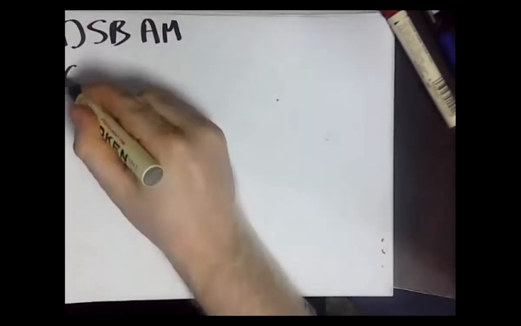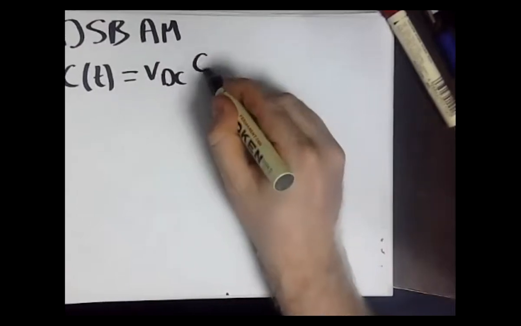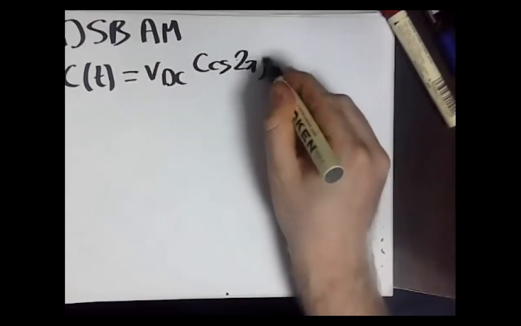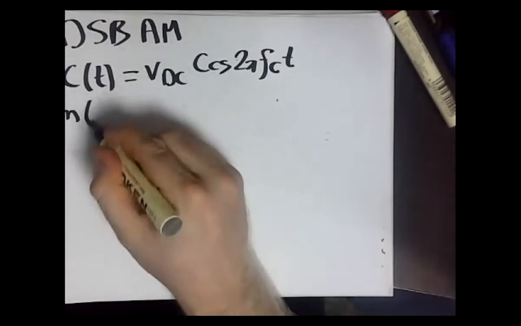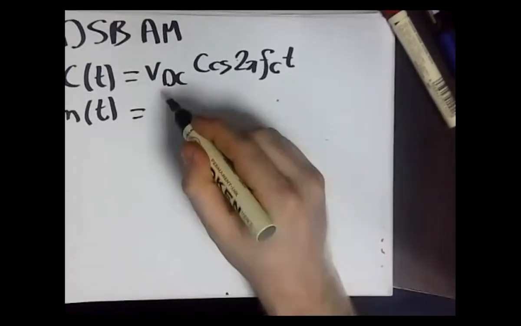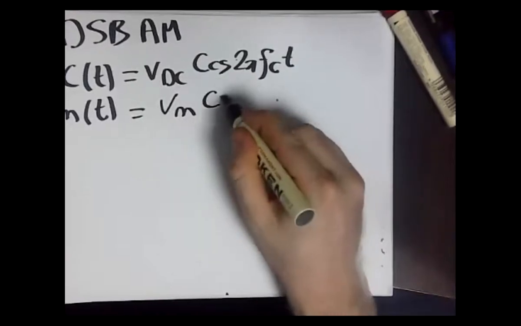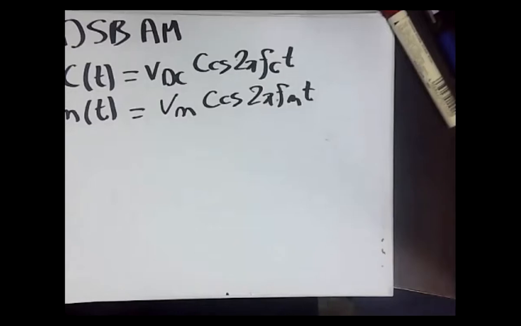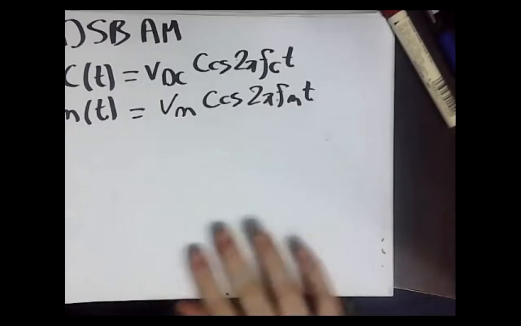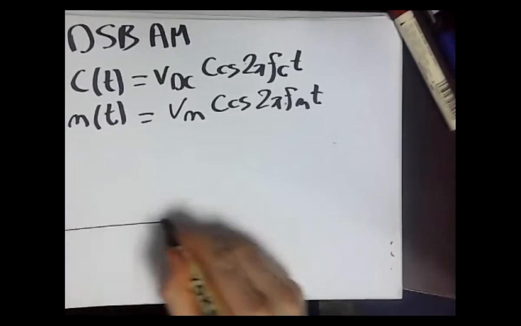Your carrier is V_DC cosine 2 pi f_c t, and your message m(t) equals V_m cosine 2 pi f_m t. First of all, please plot the frequency spectrum for such a double sideband AM modulator.